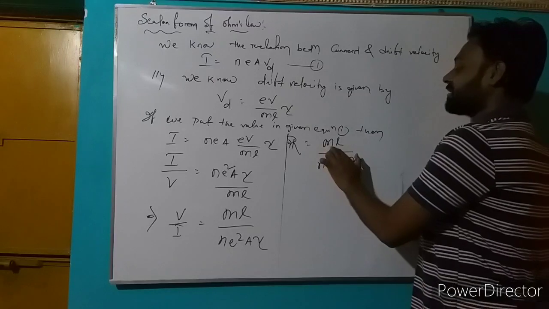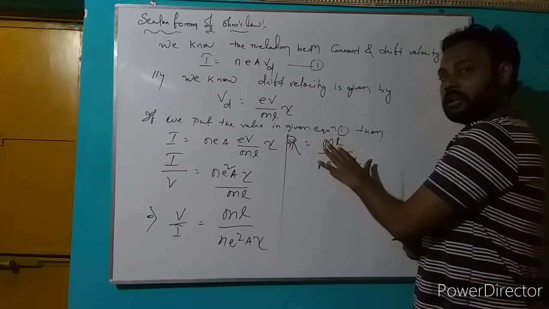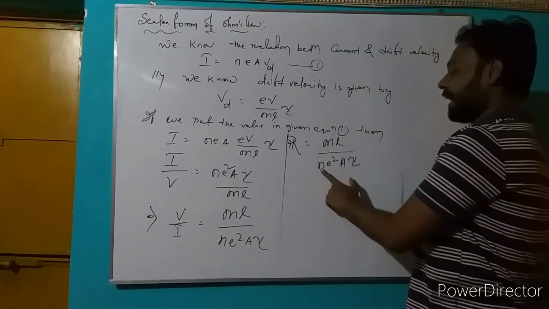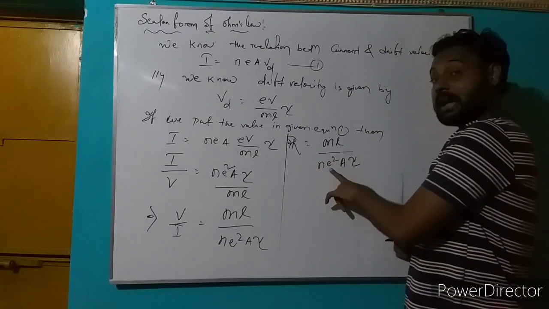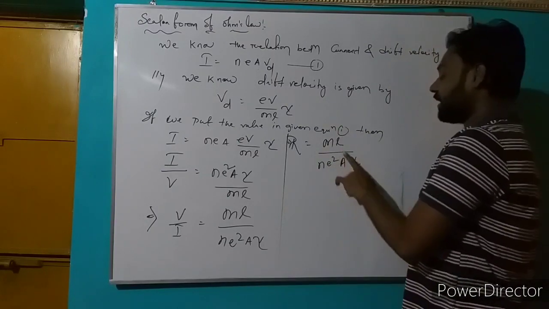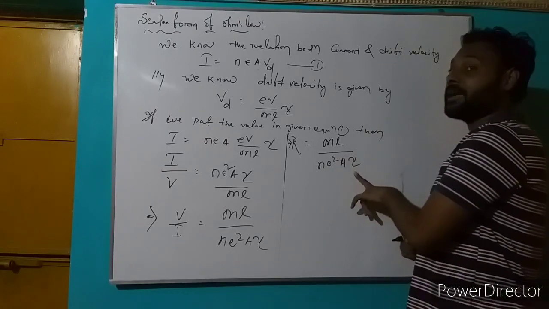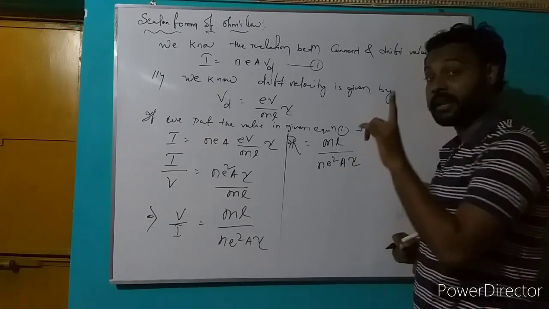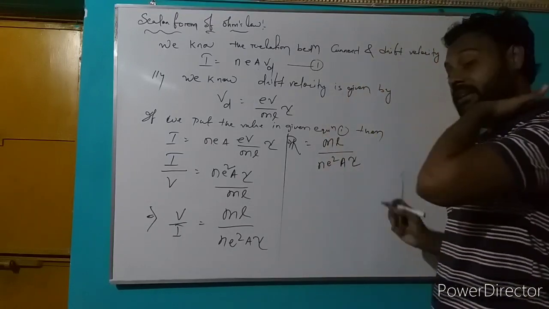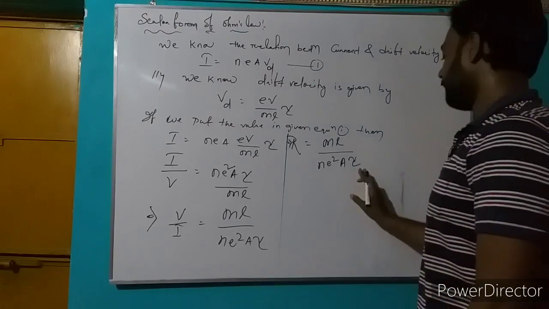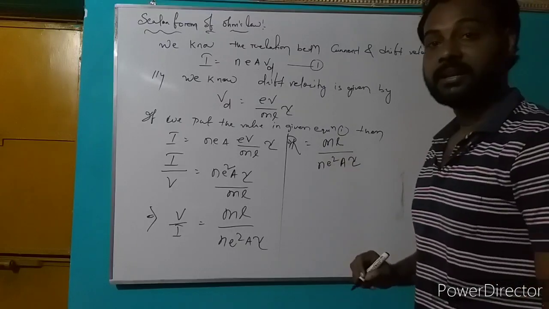Here M, mass of electron, remains constant. L, length of conductor, remains constant. N, number of electrons per unit volume, remains constant. E, charge of electron, remains constant. Area of cross section of the given conductor is also constant, and relaxation time becomes constant for a particular temperature or pressure as well as mechanical strength. Okay. So all remain constant. That's why resistance becomes constant.